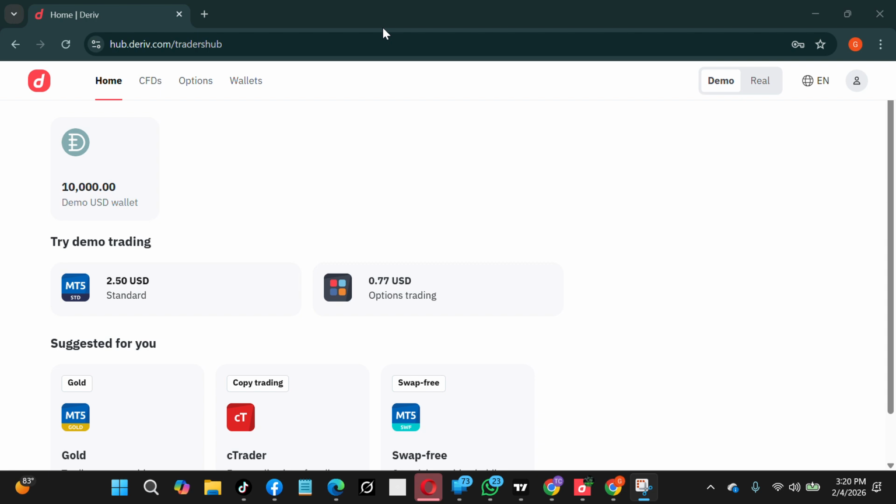Another thing about a demo account: when you are practicing, there are no emotions attached to it, because at the end you'll reset the account and then continue. What makes people say that a demo account and a real account are different is that in a demo account they are not as serious as they would be in a real account.